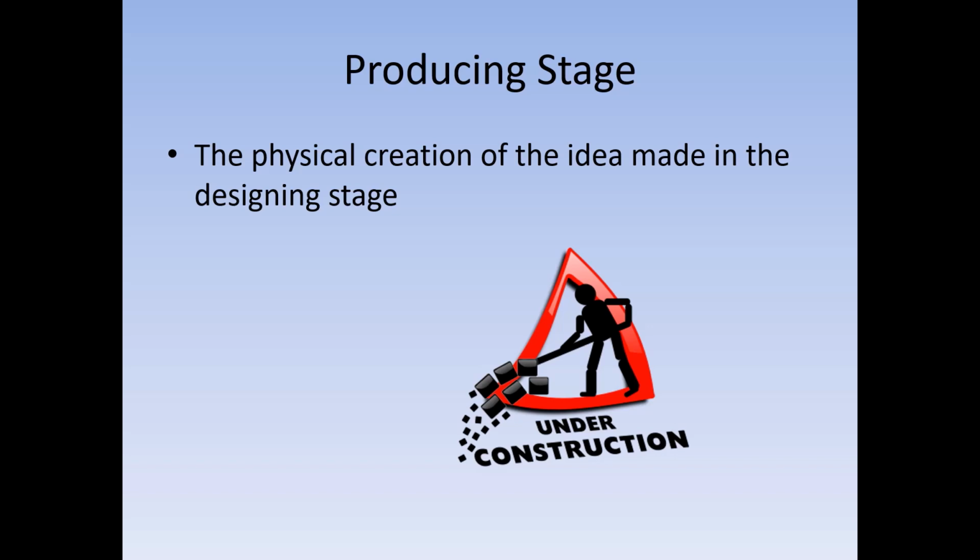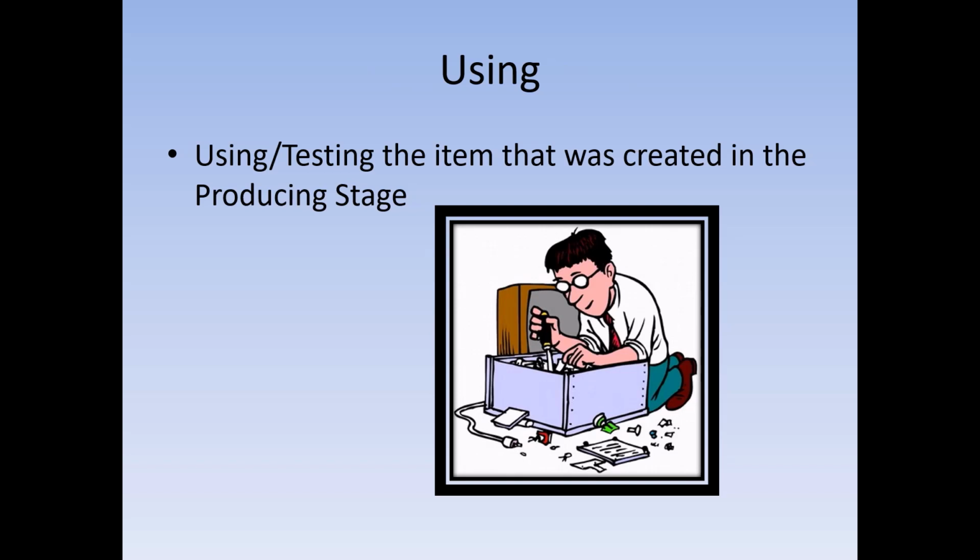And then after I do that, then I use my solution. So if I'm using that same example of tying the shoe, right? Then I start walking around to determine if my solution worked. So using is using and testing the item that was created.